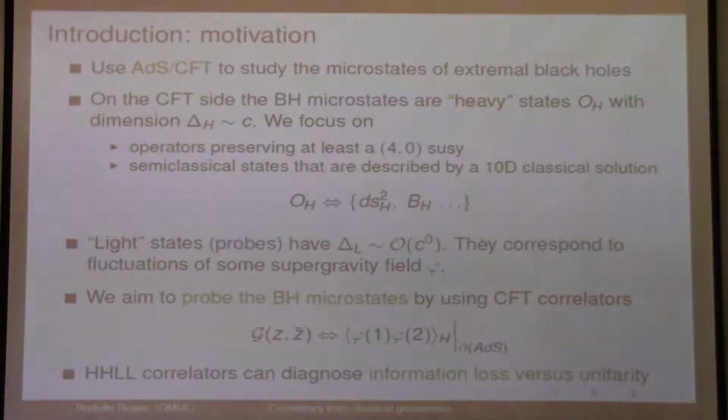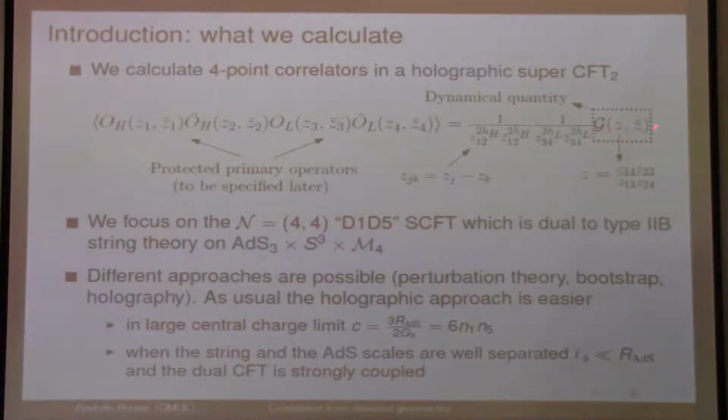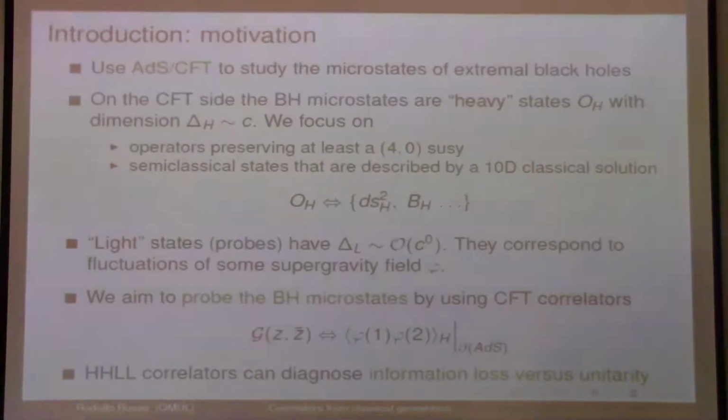Now, I can state just by using the standard dictionary, so using information from 20 years ago, what this correlator, what this dynamical quantity is from the point of view of the bulk description. It is just a 2-point correlator of the supergravity field corresponding to the light operator we are focusing on, but not calculated in AdS3, but calculated in this background, which is only asymptotic.